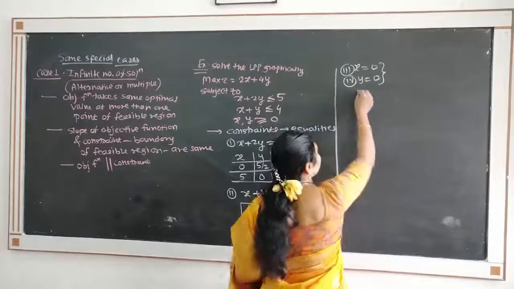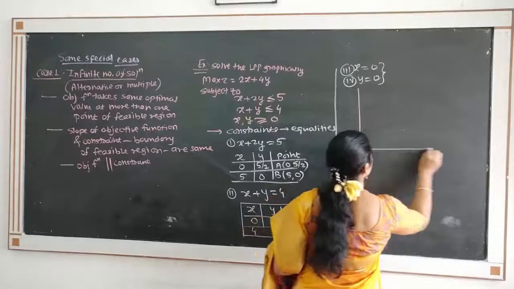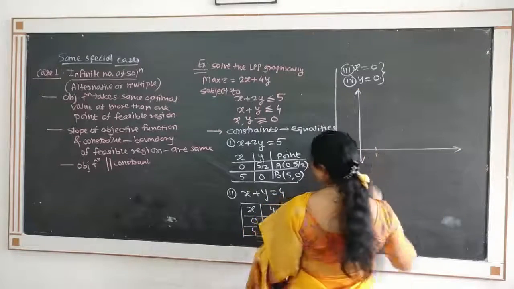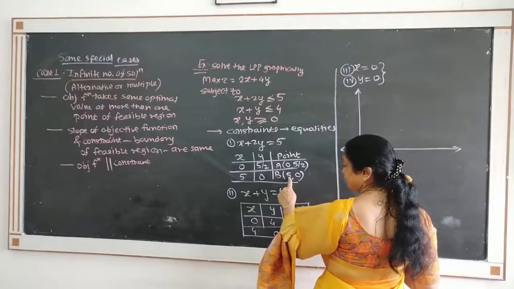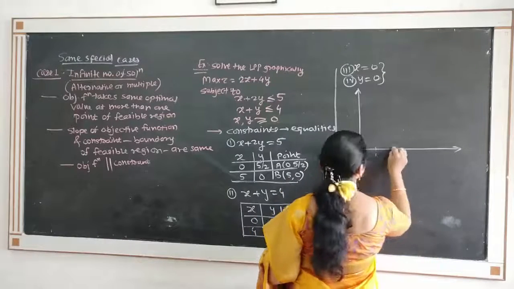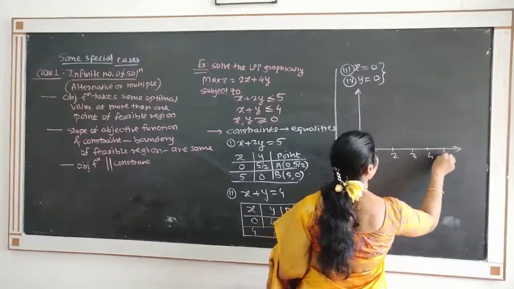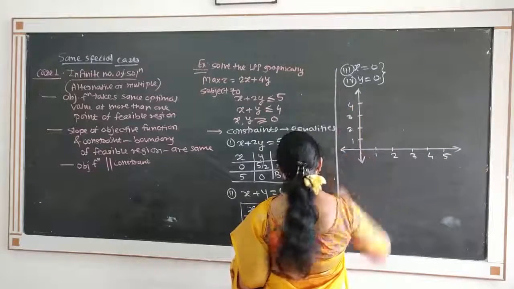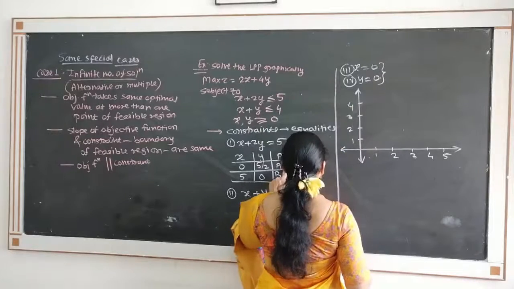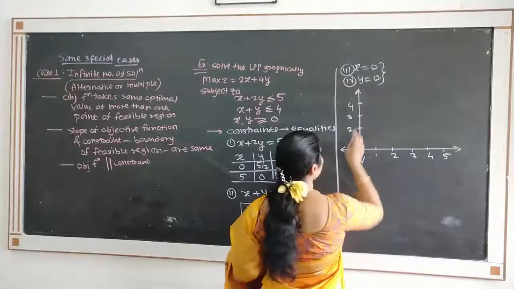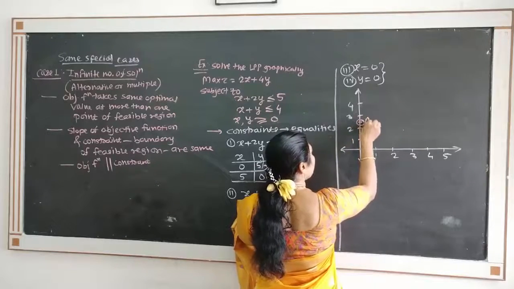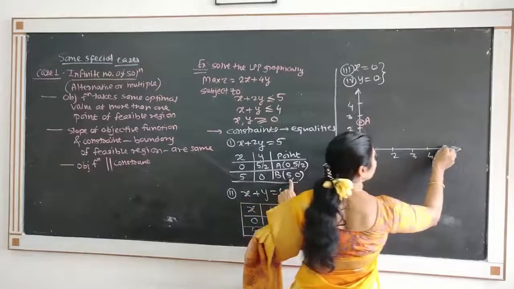Now plot the graph. The maximum value of x is 5 and that of y is 4, so we have to take the scale accordingly. First point is A point, 0, 5 by 2, that is 0, 2.5, and B point is 5, 0.